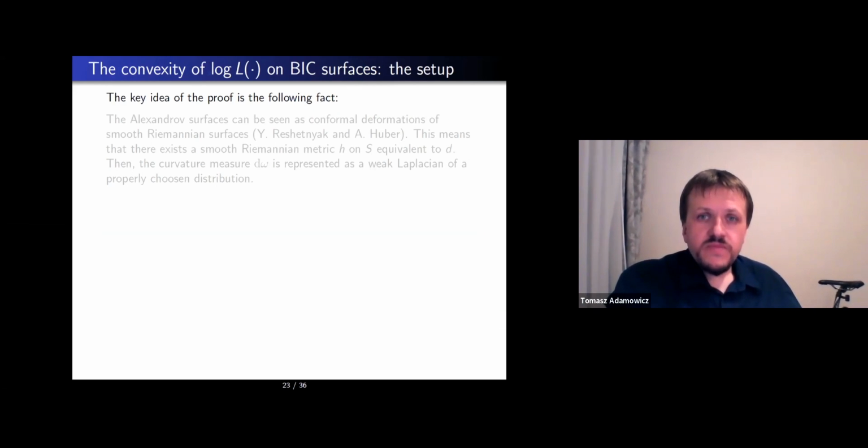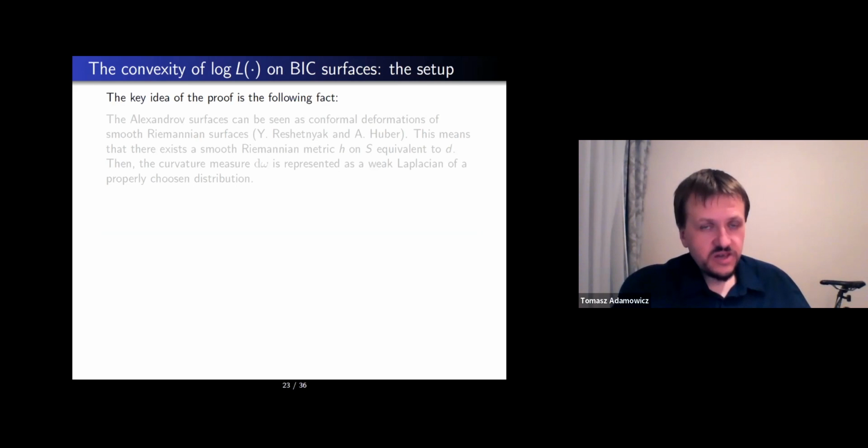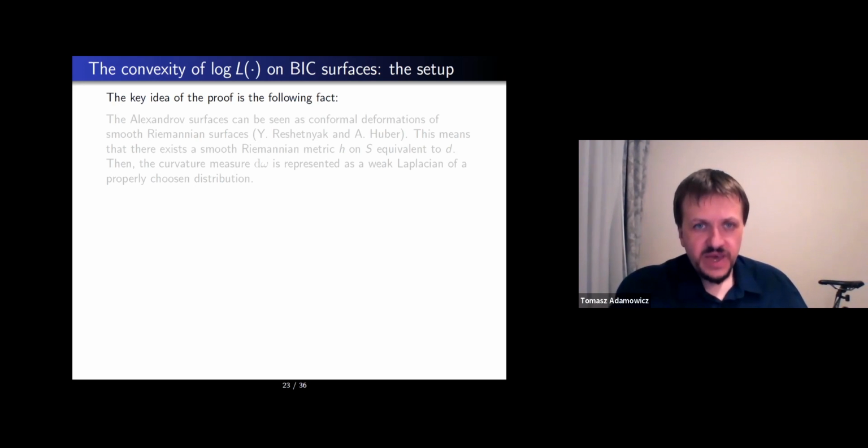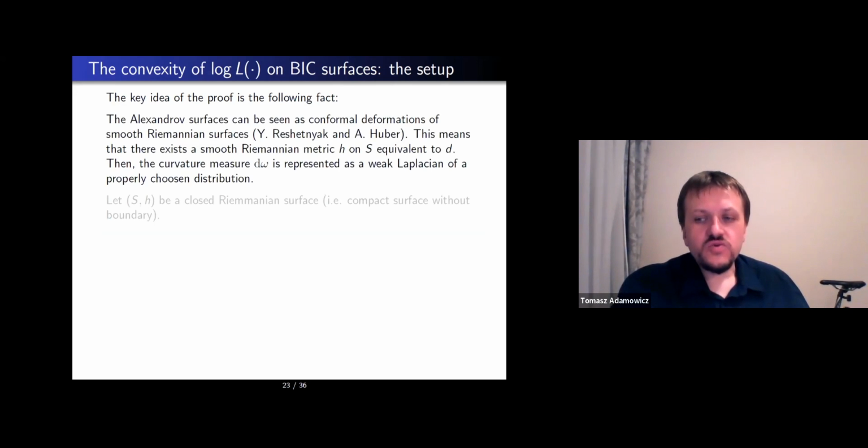I would like to discuss a sketch of the proof, but first the general idea. This general idea goes back to another approach to Alexandrov surfaces, which is due to Reshetnyak and Huber, who observed that Alexandrov surfaces can be seen as conformal deformations of smooth Riemannian surfaces.